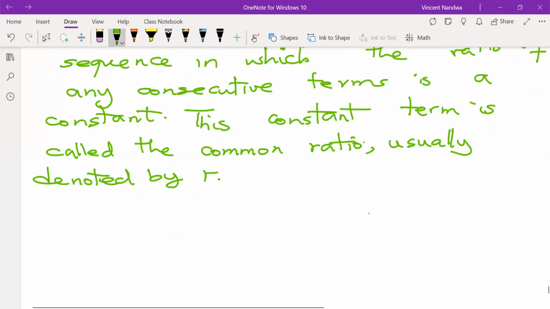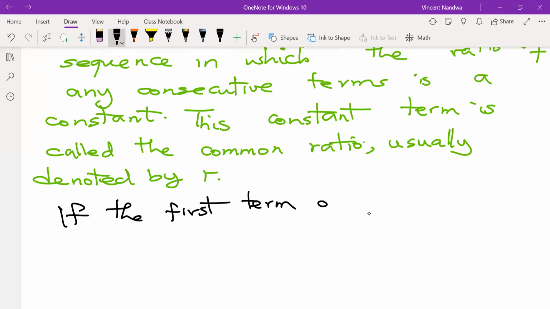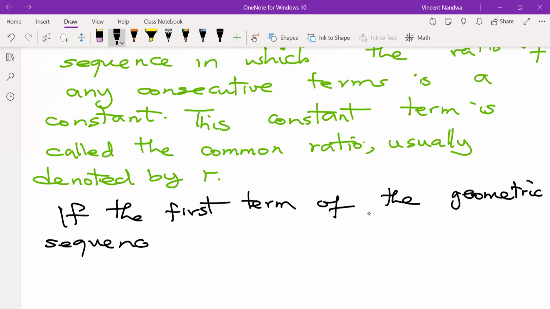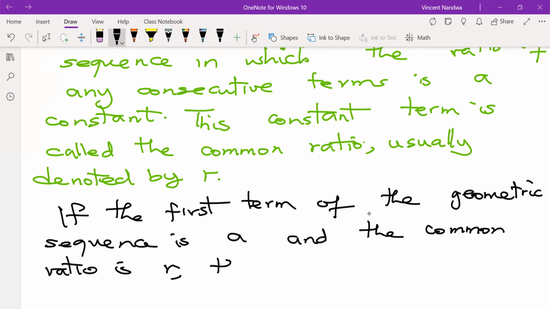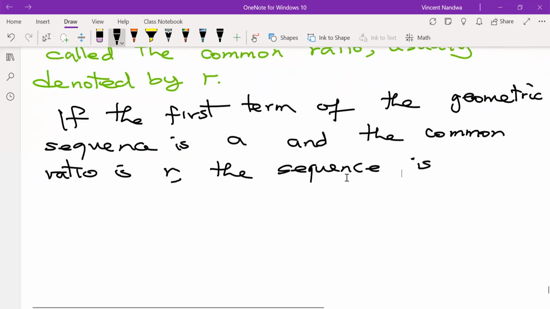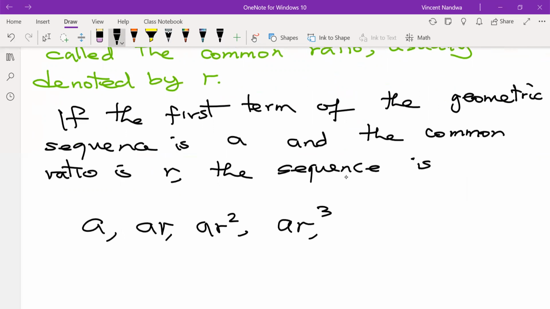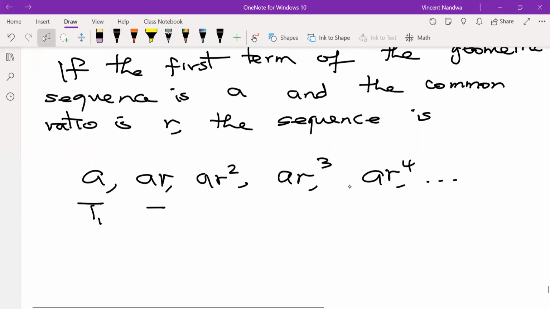So if the first term of the geometric sequence is A, and the common ratio is R, this is how the sequence looks: A, followed by AR, followed by AR squared, followed by AR power 3, followed by AR power 4, etc. Where this is the first term, this is the second term, this is the third term, this is the fourth term, this is the fifth term.